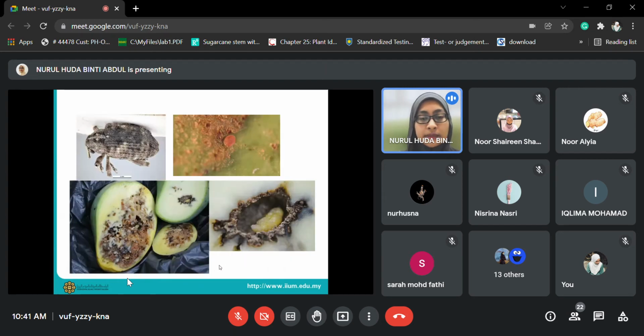This is the picture of the one that you may find on the infested mango. From outside it looks beautiful. Sometimes, of course, there are also signs of discoloration on the fruit. You may see it looking half ripe, with localized yellow patches and so on. But this is the picture of the damage inside the fruit.